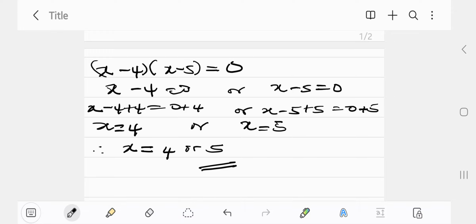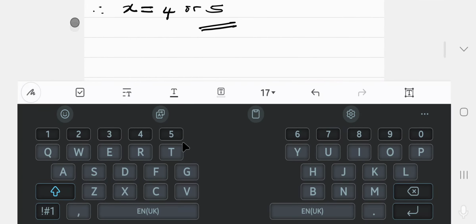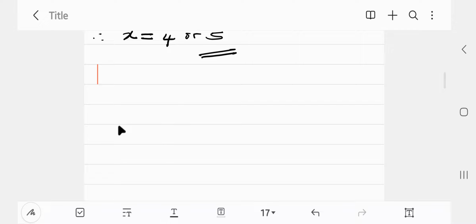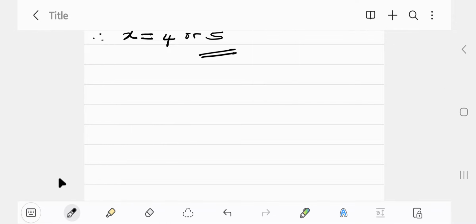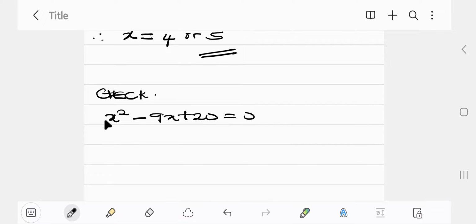So we may like to prove the above. If you want to prove this, we can simply check if what we have done is correct. So we have x squared minus 9x plus 20 equal to 0. Let's use any of these.